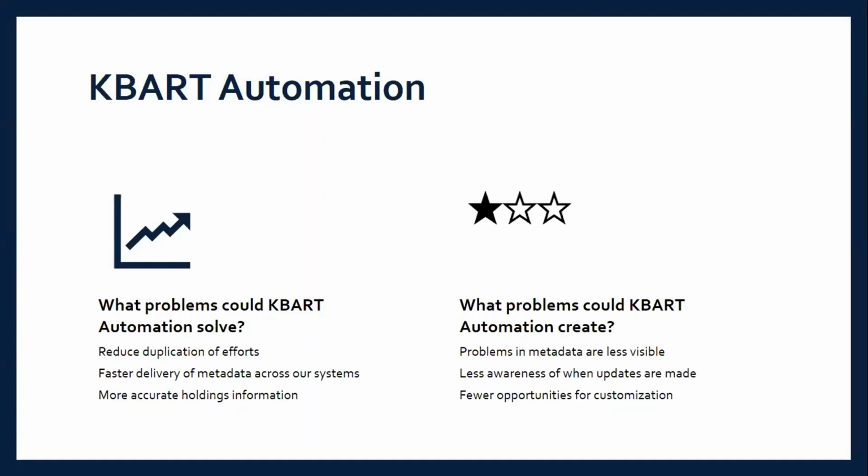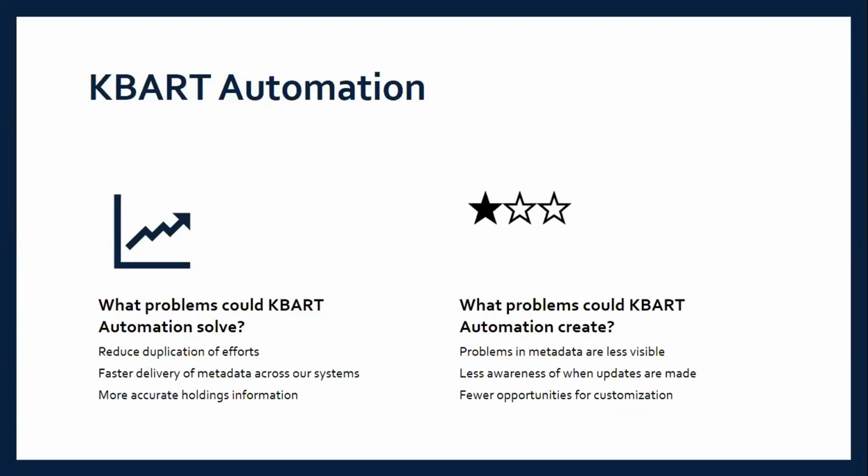But the concern is also that, like we established before, knowledge base data continues to be used in a more centralized way. We need to establish a more meaningful way to reconcile these two ideas, right? Because when you bypass the knowledge base, problems in metadata are less visible.